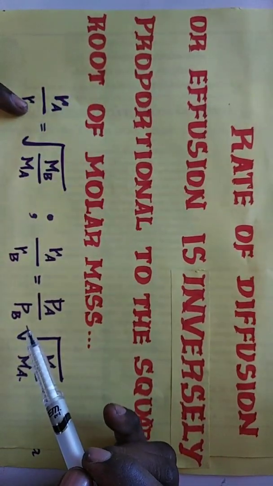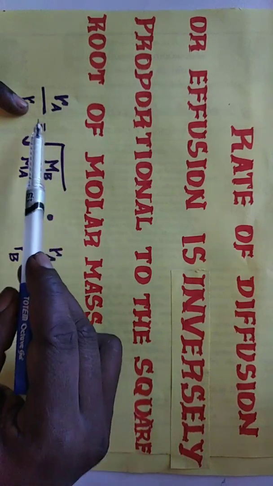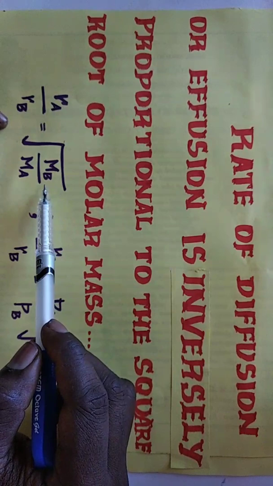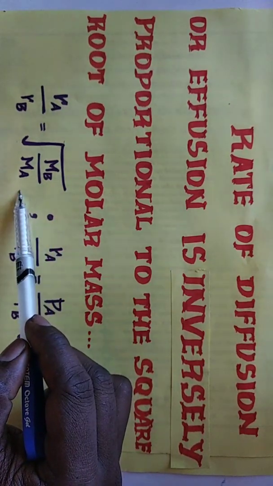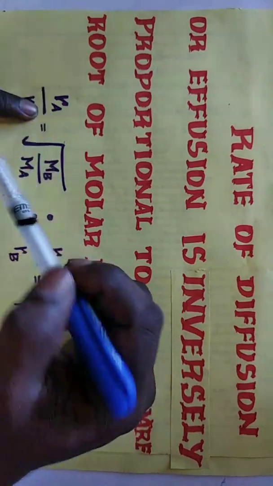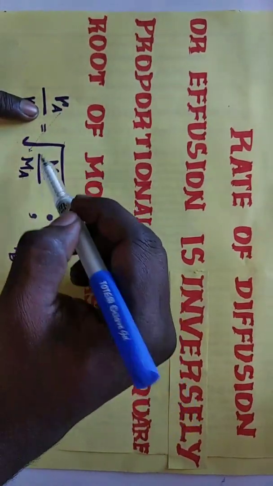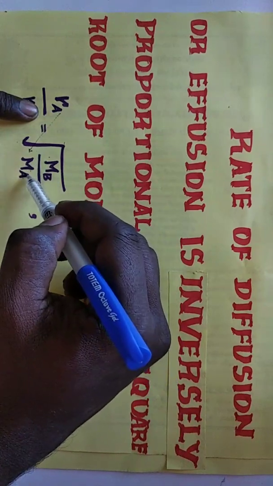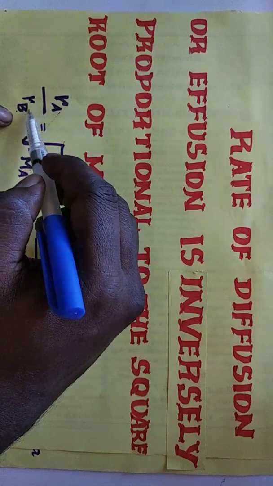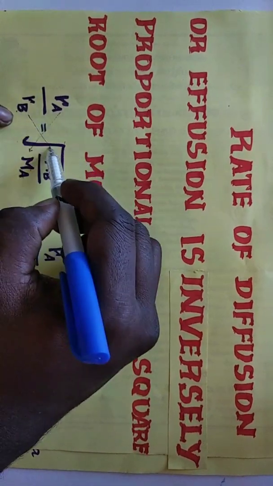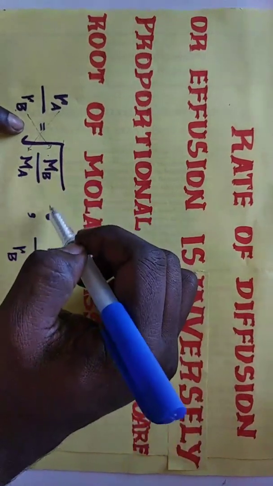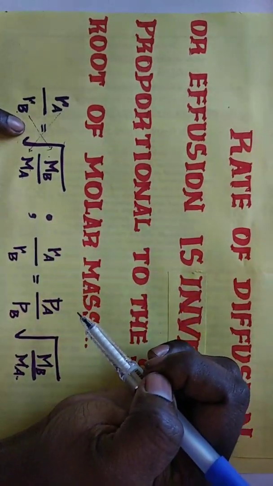So the mathematical form of Graham's law is RA divided by RB equals the square root of MB divided by MA. RA, the rate of diffusion of gas A, is inversely proportional to the square root of its molar mass. Similarly, RB, the rate of diffusion or effusion of gas B, is inversely proportional to the square root of MB.